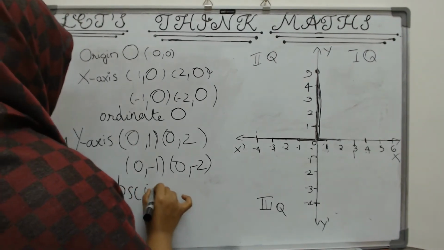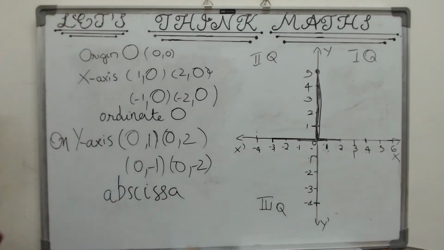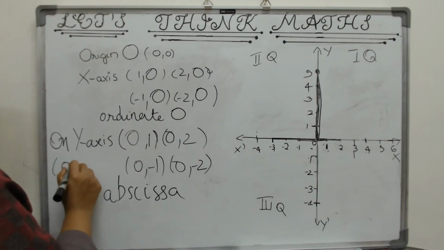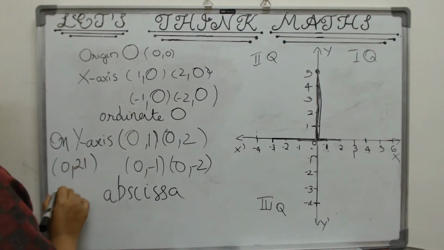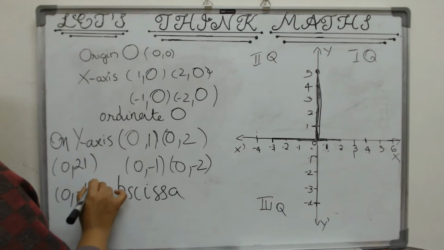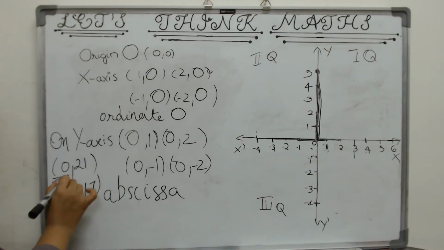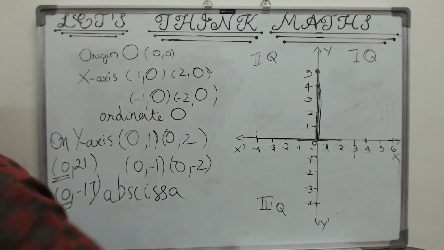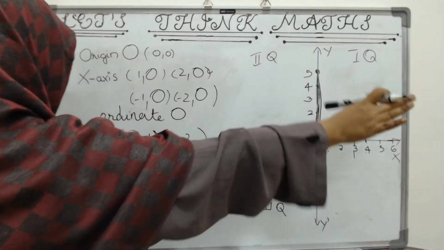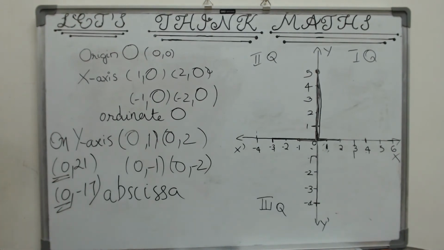Or in other words, if you see any point where the abscissa is 0, for example (0, 21) or (0, -70), whenever you see that the abscissa is 0, then for sure you can say that it lies on the y-axis. Not on any quadrants, not on the first quadrant, not in the second quadrant.